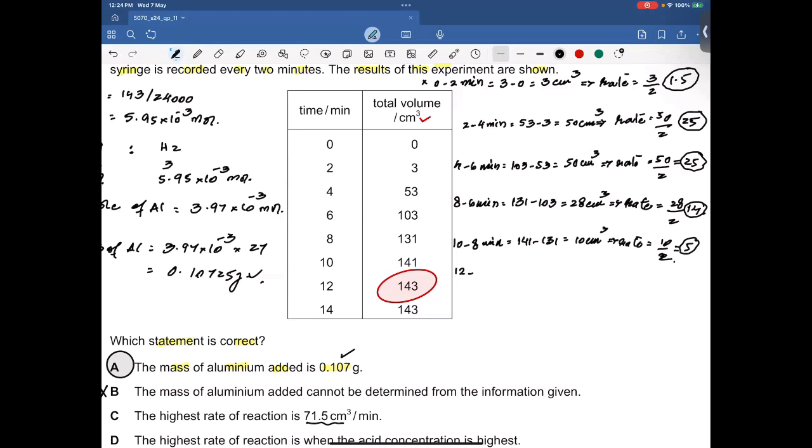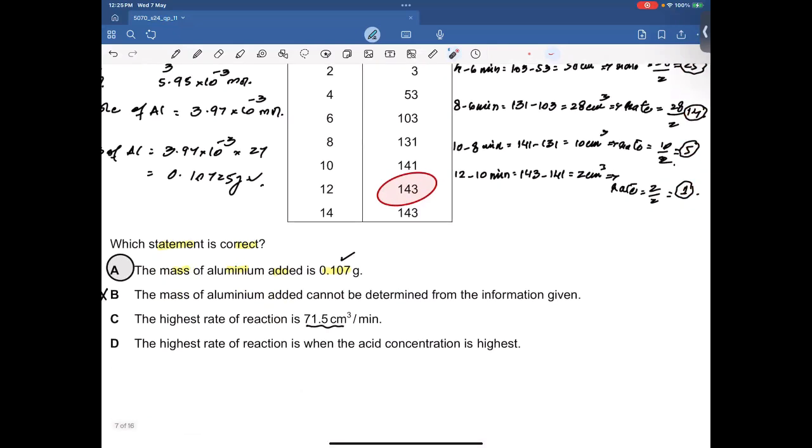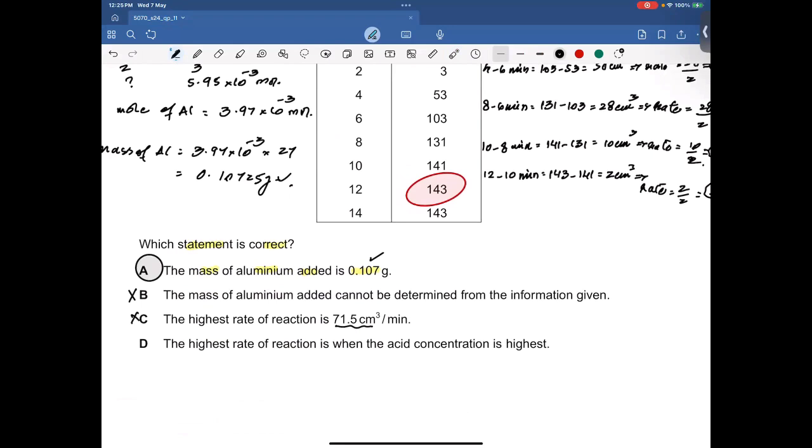Then 10 to 12 minutes, 143 minus 141 is 2 cm³, so 2 divided by 2 is 1. After doing all the calculations, 75 point something doesn't come anywhere, which means this statement is incorrect. Okay, that's the method of calculating the rate.